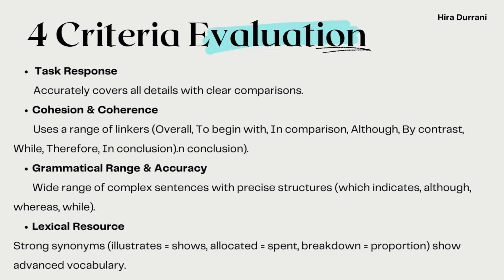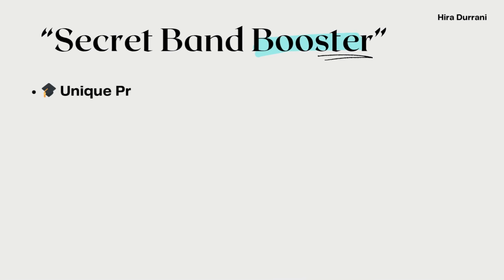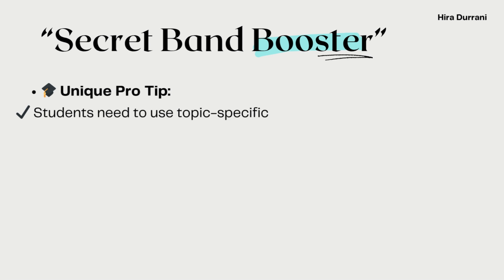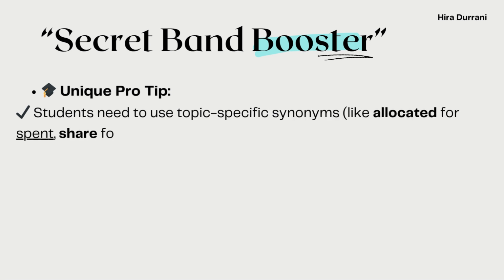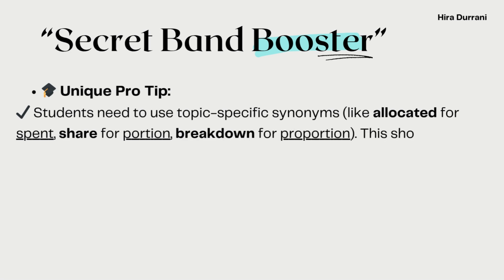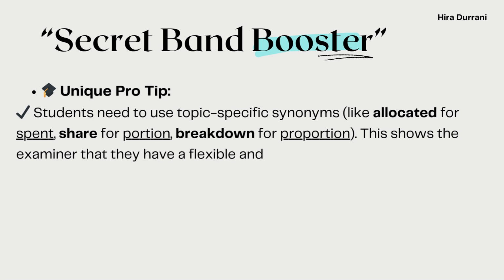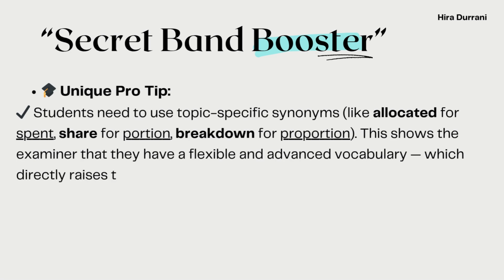Did you get it? How you need to write those strong synonyms instead of the words that are given to you. Now let's begin with the secret band booster, which I do not give in every video. How you need to attain band 9 or higher bands. So students use topic specific synonyms, like allocated for spent, share for portion, breakdown for proportion.